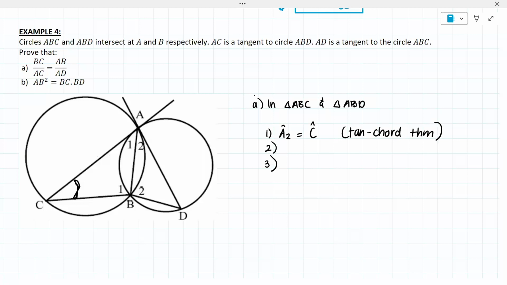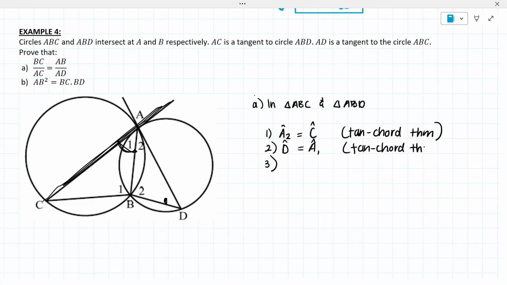Because of tangent AC to the smaller circle, and then we have this chord over here, I know that angle A1 is equal to angle D. And again, tan chord theorem.